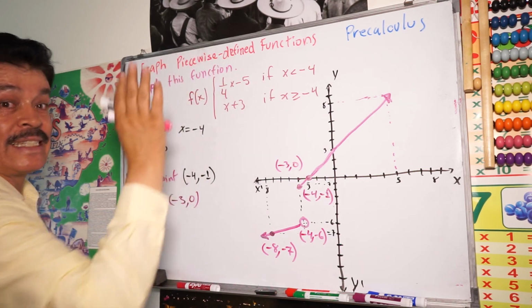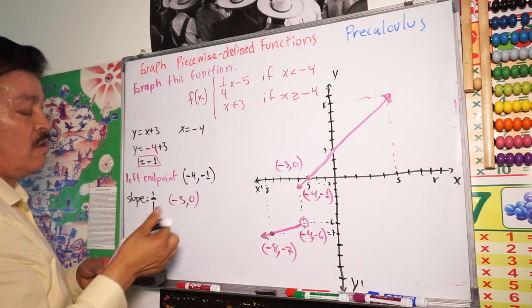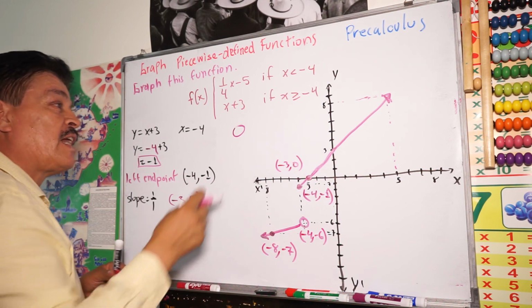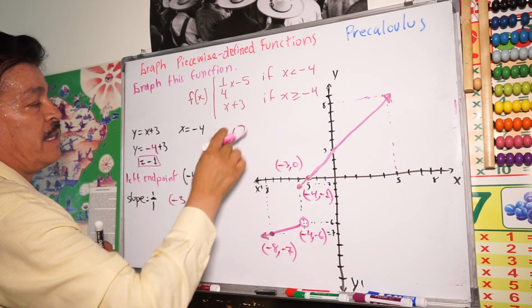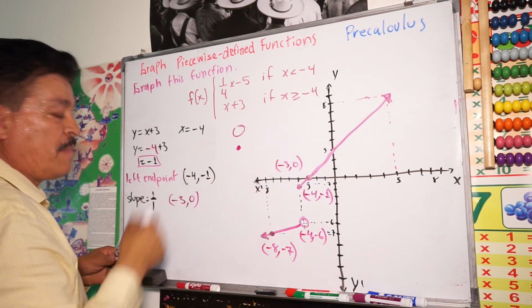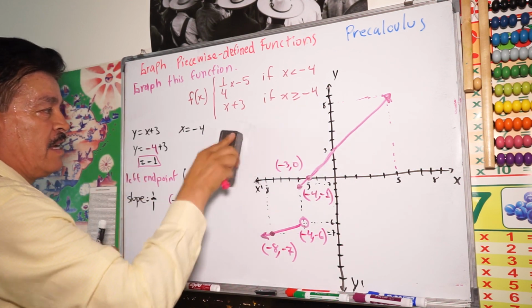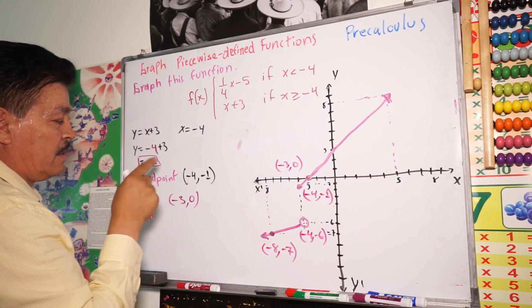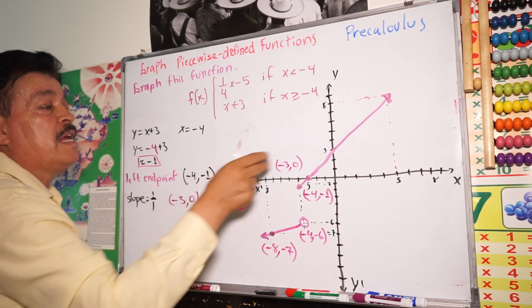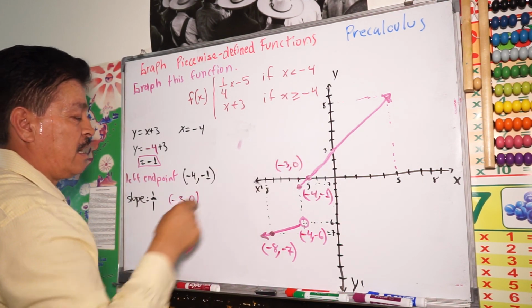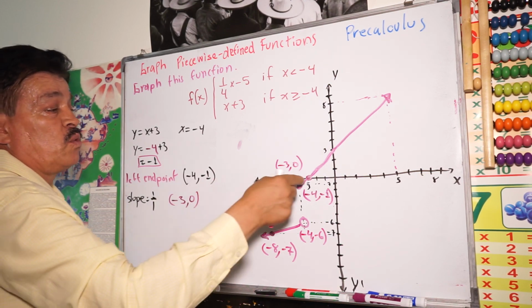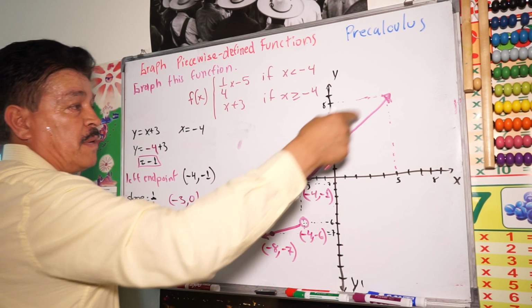When you use less than, you must use an open circle, meaning it is not included in the graph. A closed circle means it is included. In this case, the endpoint -4, -1 is included in the graph, and the graph passes through 3, 0.